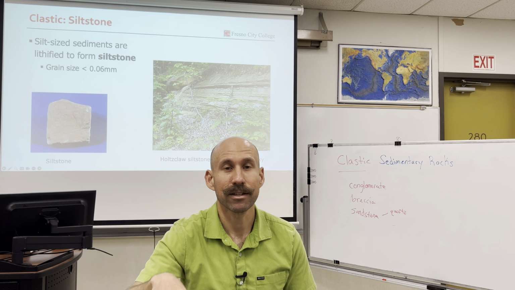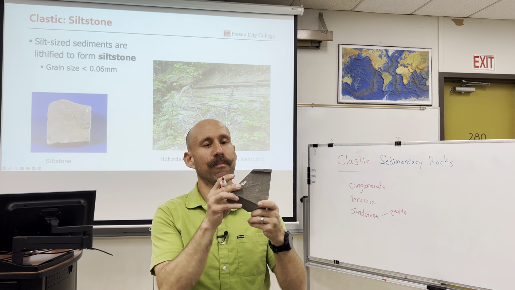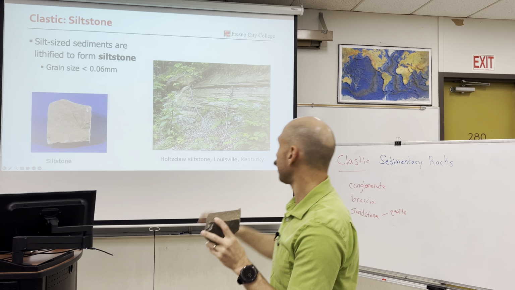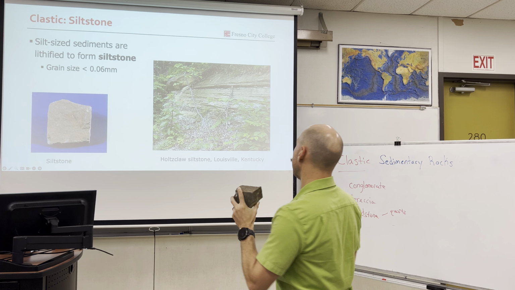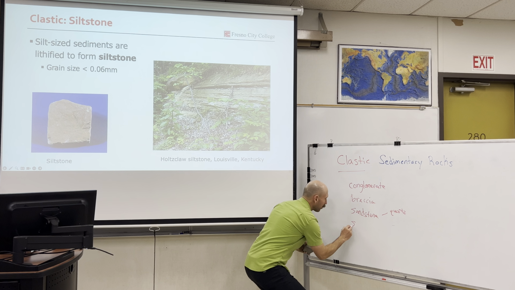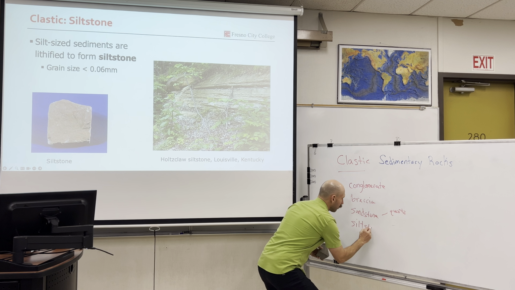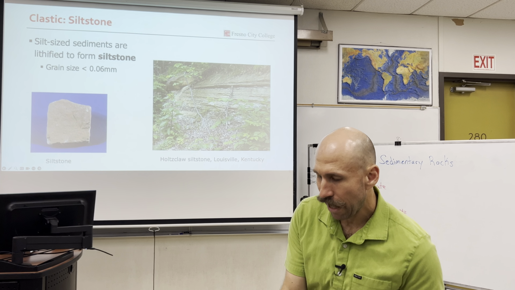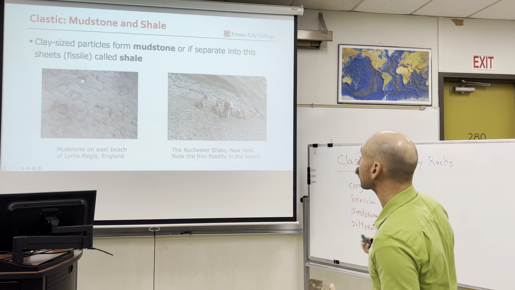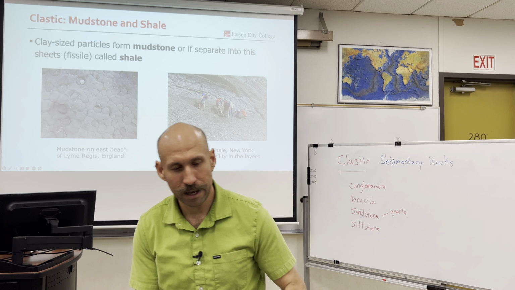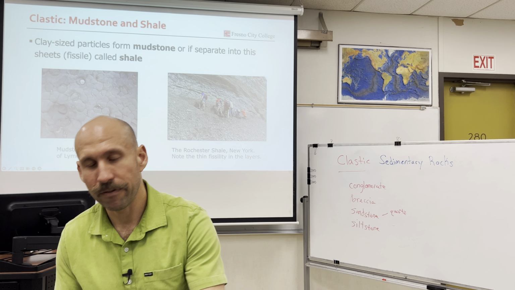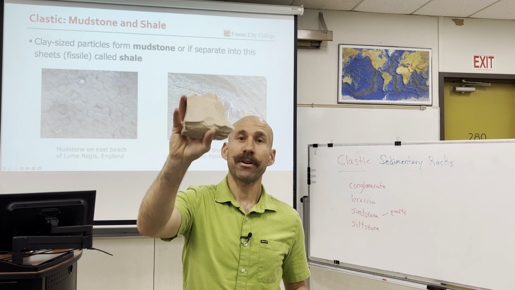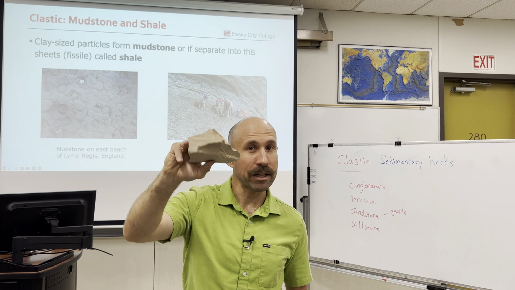Going down the list of grain size, now we have siltstone, not our smallest particle size, but getting smaller. This is less than 0.06 millimeters. And last but not least, we have the smallest grain size, made of the particle size clay, giving us a very fine rock called mudstone.